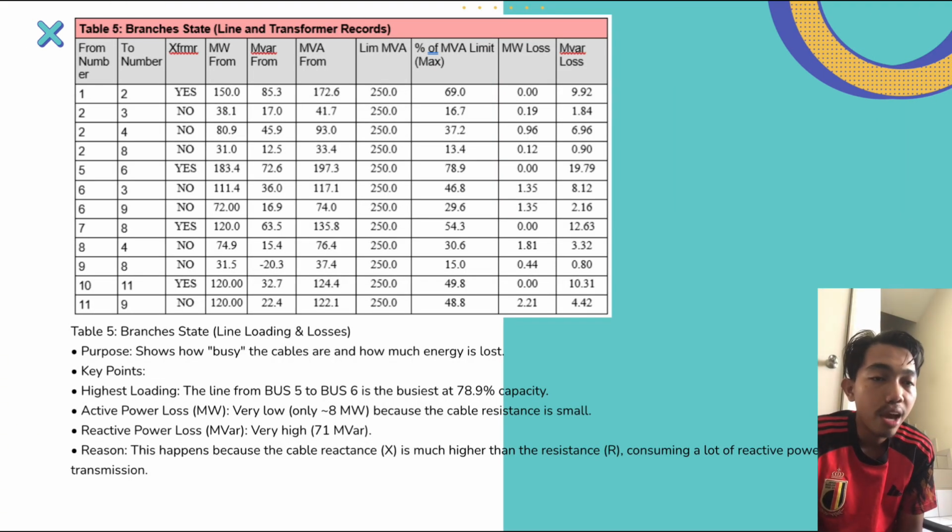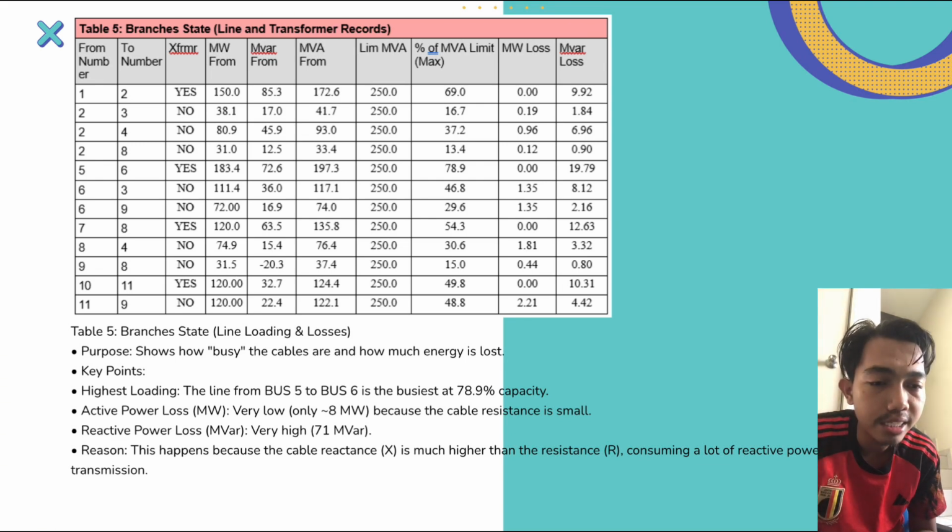Now table 5, branch state, line and transformer data. The purpose is to show how busy the cables are and how much energy is lost.